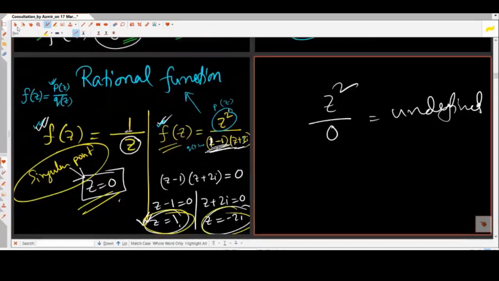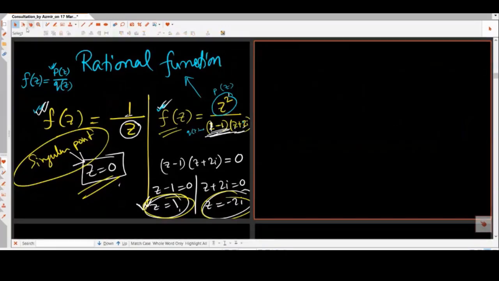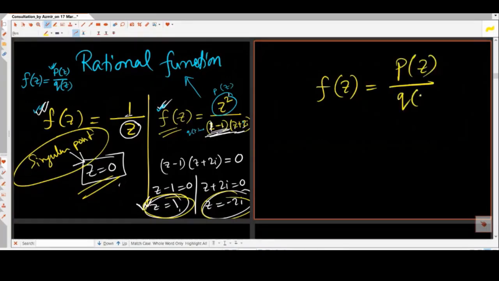So in summary, any function of the form p(z) over q(z) is known as a rational function. This rational function will be analytic except at certain points.